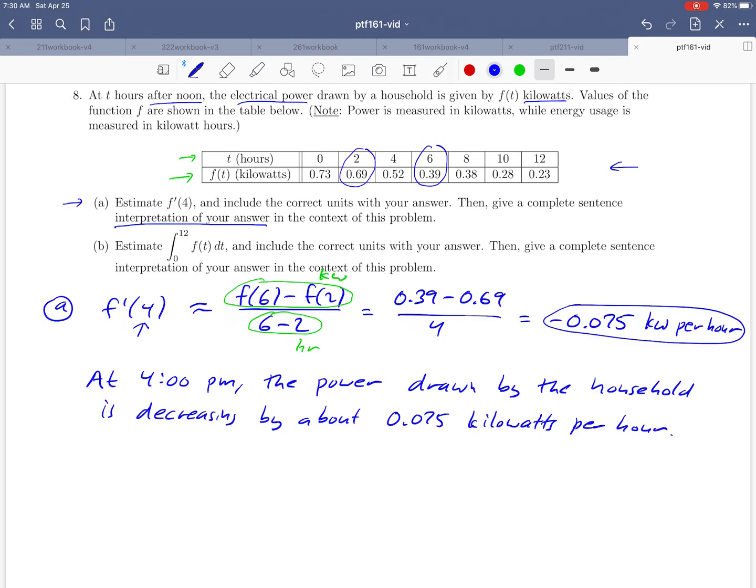So we've just explained what that derivative means. We're just measuring a rate of power change, basically.